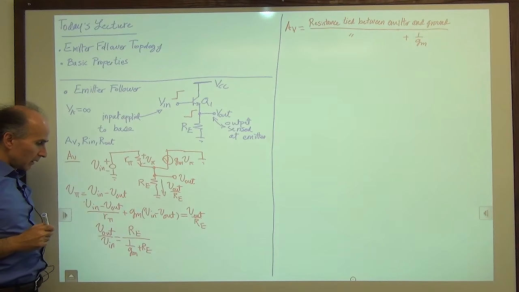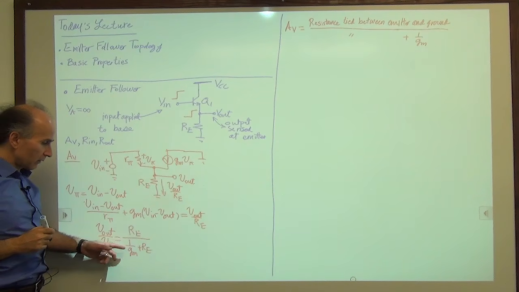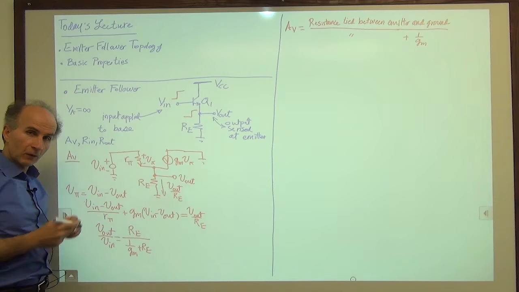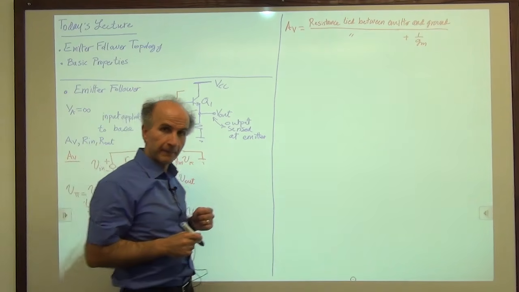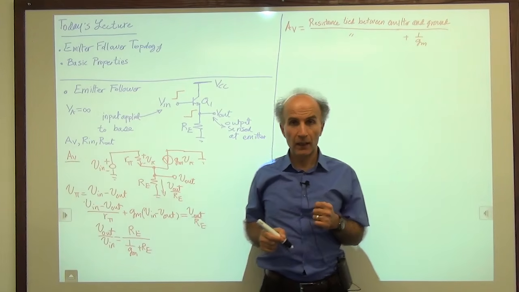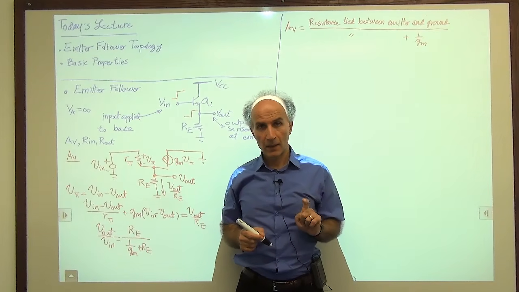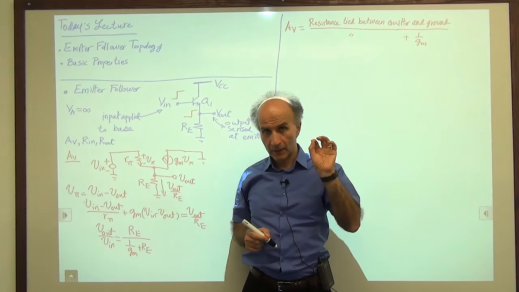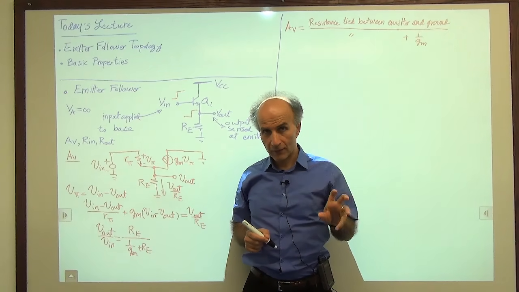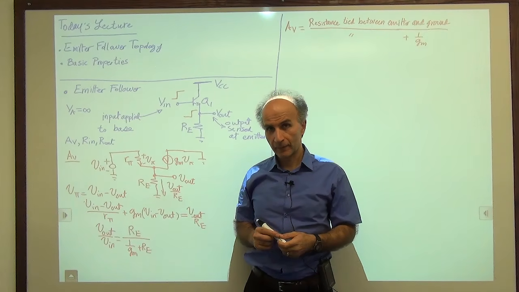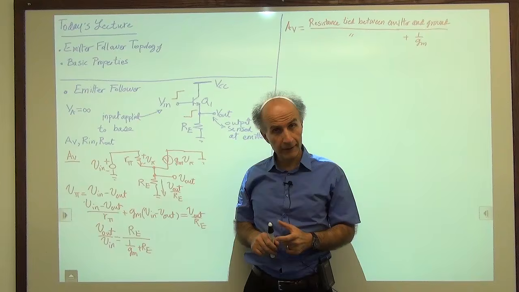Okay. Does this remind you of something, this expression here? Here we go back to basic circuit theory. I say the gain from here to here is some resistor divided by that resistor plus another resistor. What is that? Well, that's a voltage divider, right?